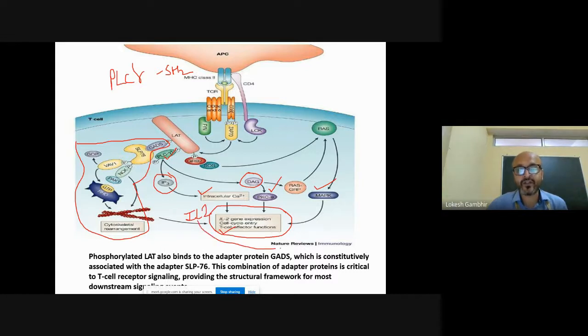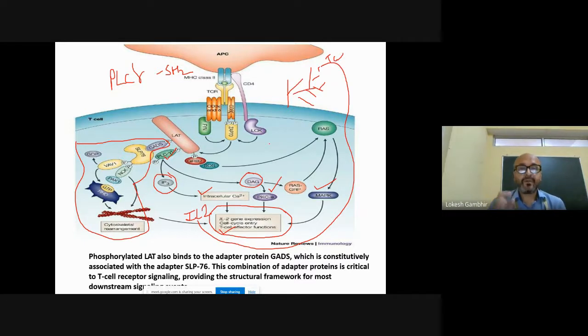And this IL-2 cytokine will be released, and then it will signal the other T cells to divide and clonally propagate to increase their number. And this is how the complete signaling of T cell is achieved.